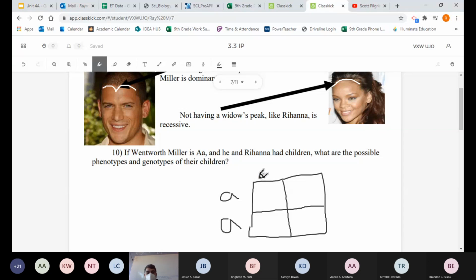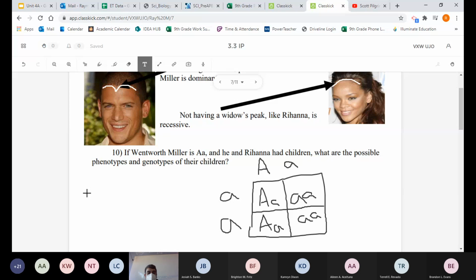Wentworth Miller is going to be big A, little a. So you go through it, you got big A, little a, big A, little a, little a, little a, little a, and little a.